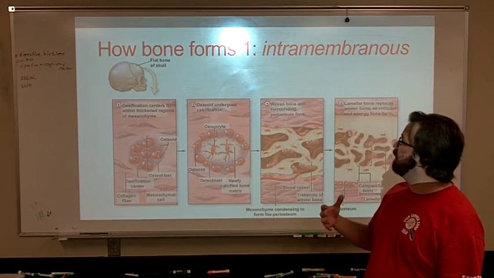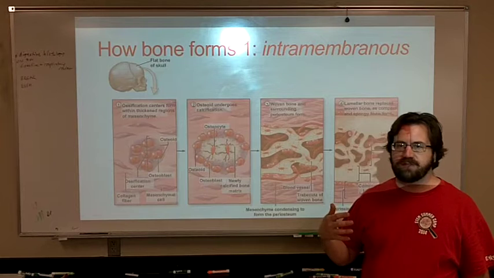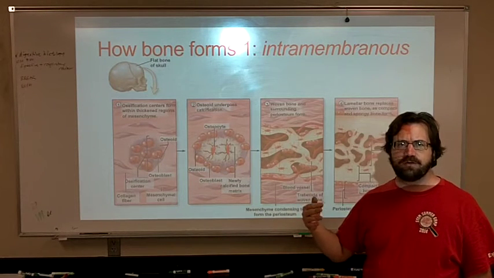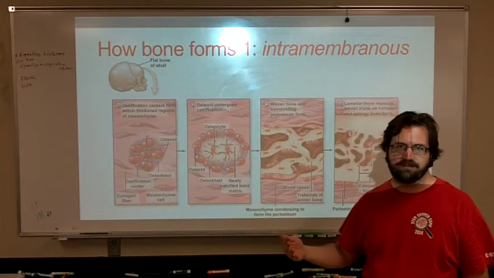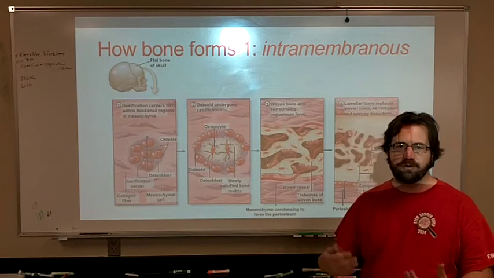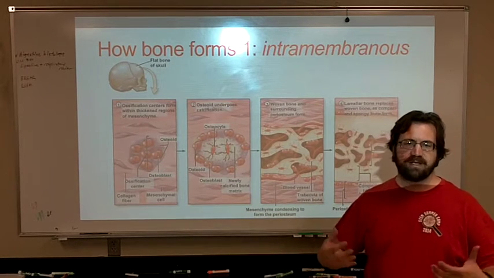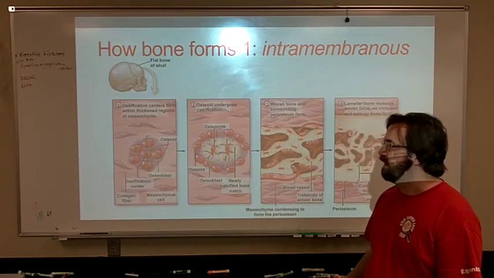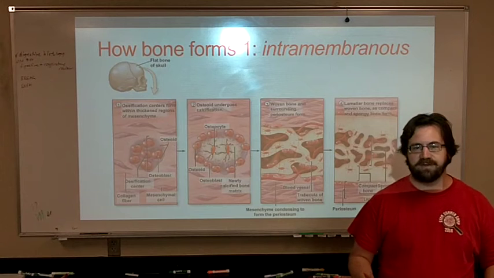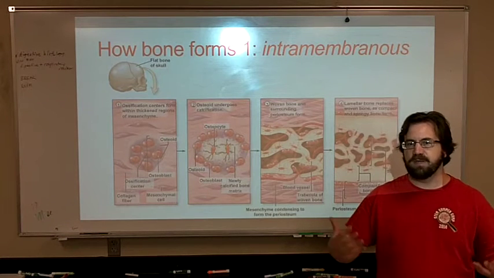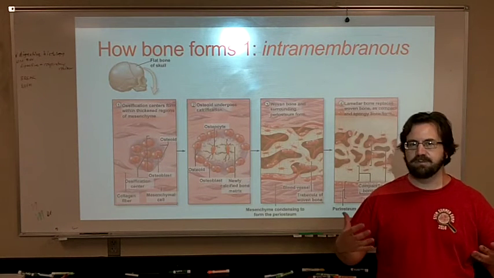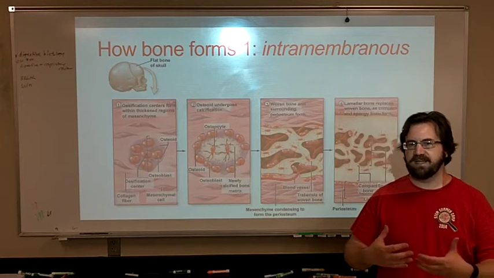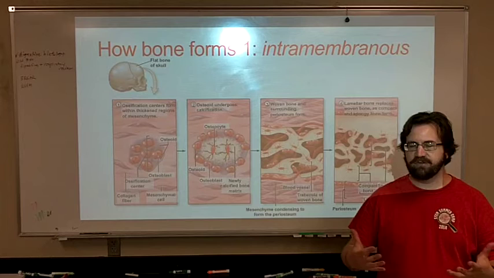Things that form new bone in the womb are called ossification, because you start with tissue that isn't bone and you ossify it. You make it into new bone. And there are two kinds of ossification. There's intramembranous ossification. You can parse that, the ancient Greek words there, intra meaning inside, membranous meaning a membrane.